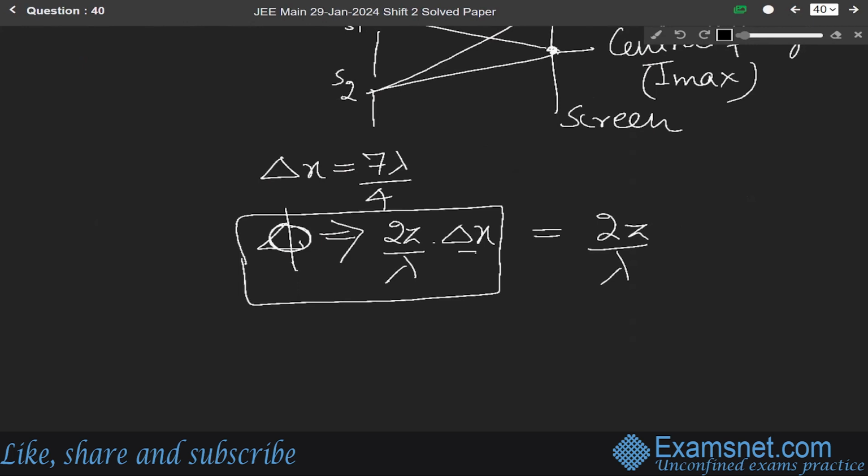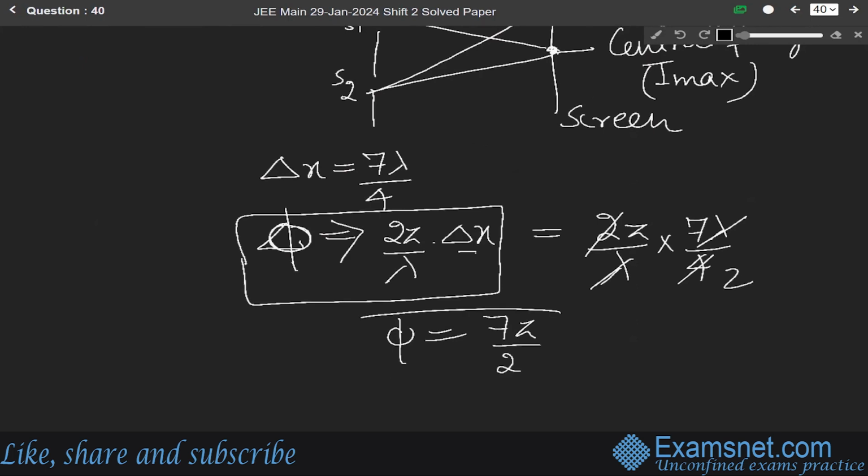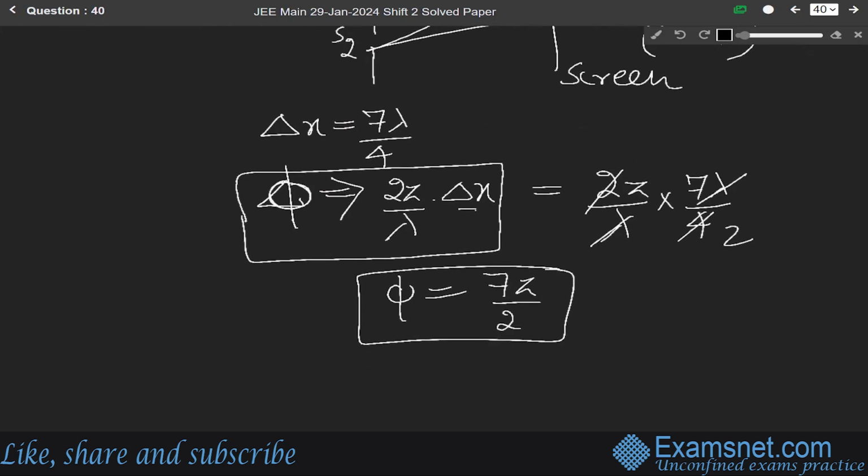So phi equals 2 pi over lambda into 7 lambda by 4. The phi will be equal to 7 pi by 2. Okay, phase difference is 7 pi by 2.